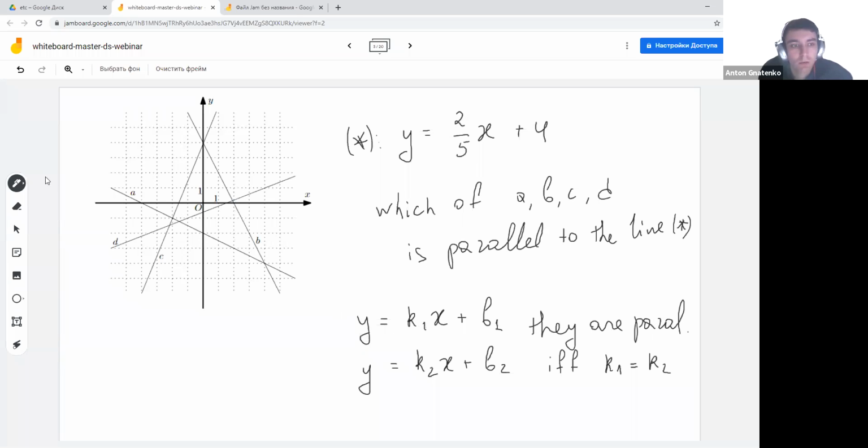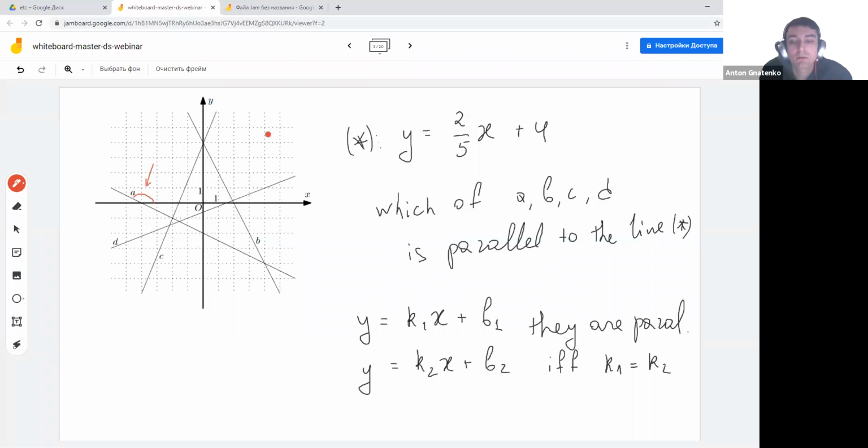Well, you may know that we may consider, for example, line A. Let's consider the angle between line A and the positive direction of the x-axis. This angle can be either acute, straight, or obtuse.